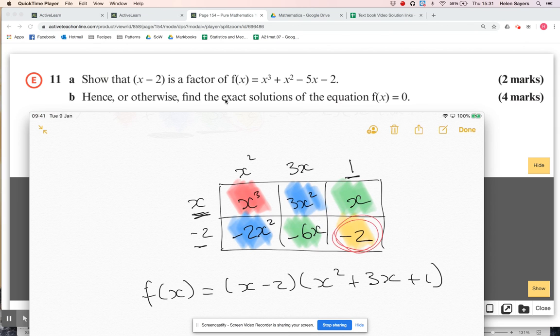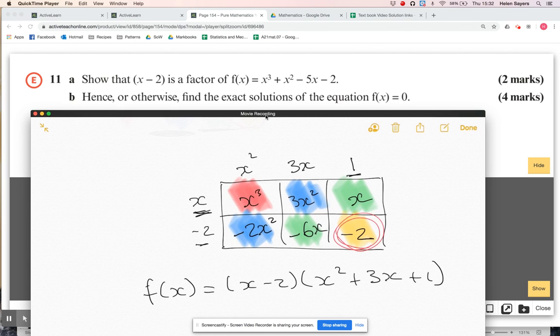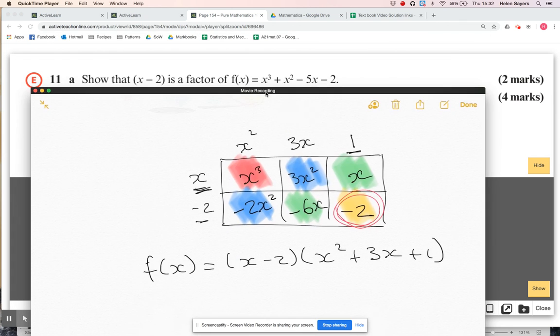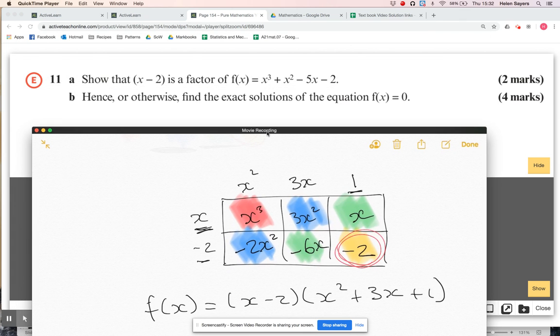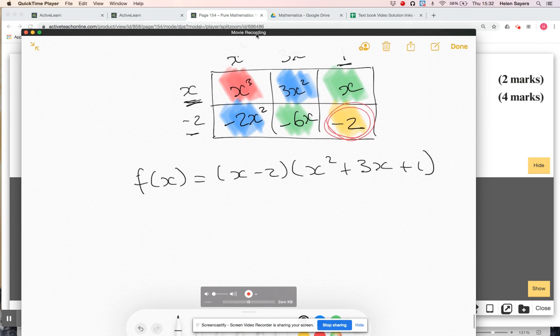But it doesn't ask me for that. It asks for the exact solutions, and I do need to be a little bit careful. The way they've worded that question, you could put it straight into a calculator, but I think we need to assume that they'll find a way in the exam of not allowing that. So they'll say something like calculator methods are not acceptable.